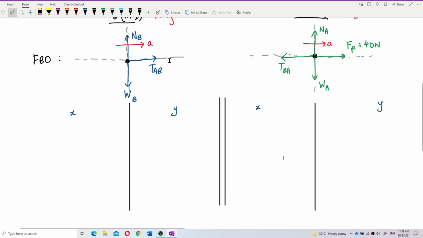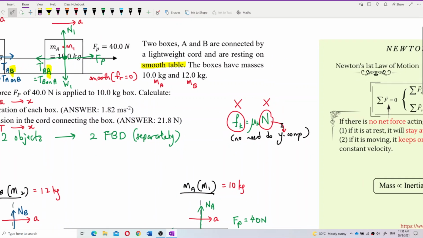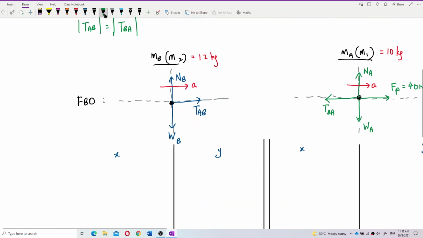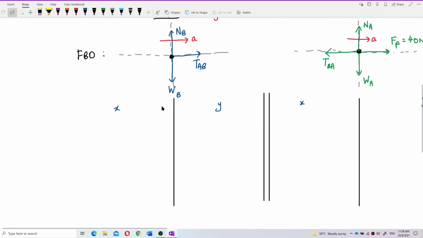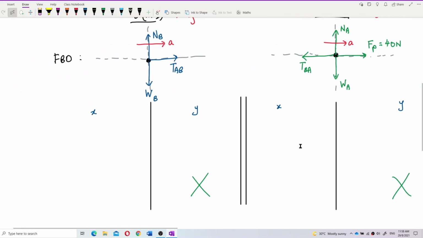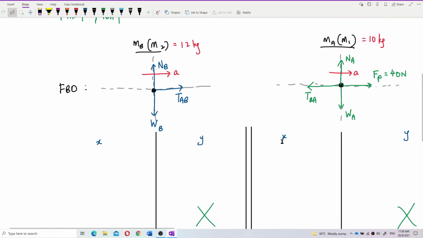But since the normal force is not needed because no friction, we no need to do the y components. We only need to do the x component. But I will show you also how to do the y components, just in case we have friction.